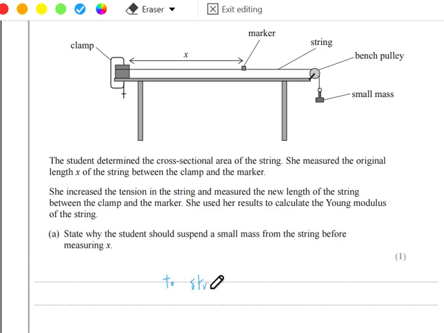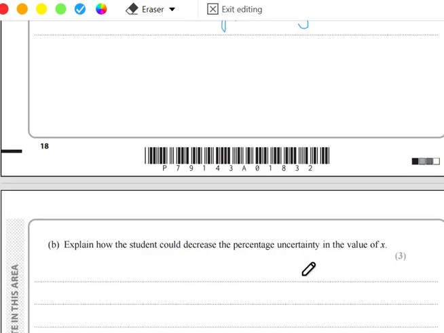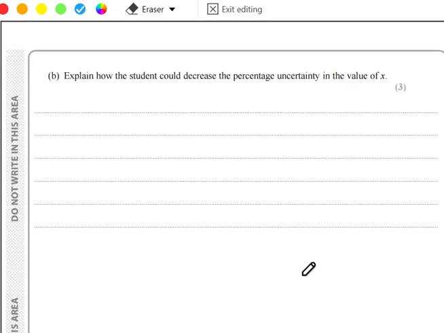To straighten the string. We can increase the length x, and as the absolute uncertainty is the same, the percent uncertainty, which is equal to the absolute uncertainty over the value of x, will decrease.